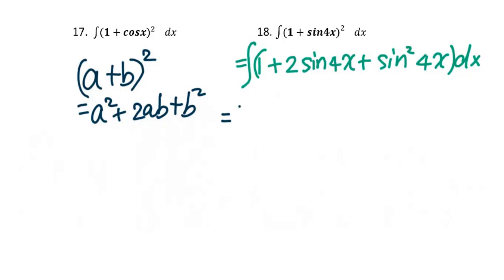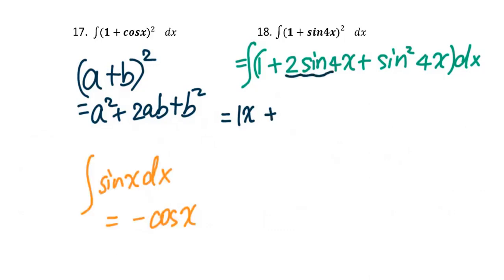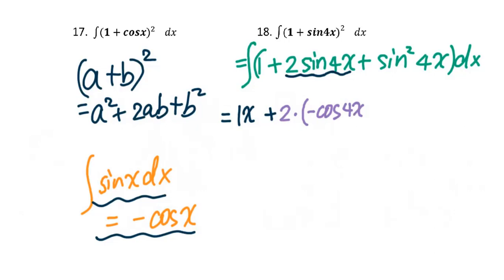You will get the 1x, constant number, that will be 1x plus. For this one, when you do the integral, you got to use this formula, so that you will get 2 times negative cosine 4x. This time, don't forget multiply by 1 over a, that's 1 over 4. Then plus integral.